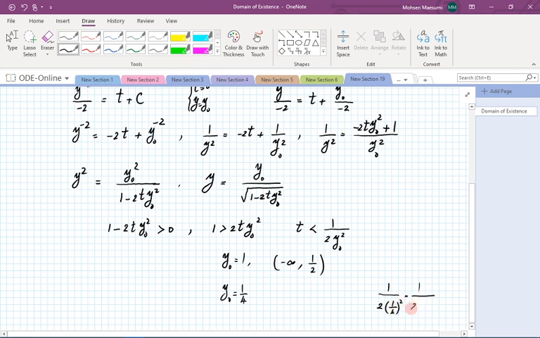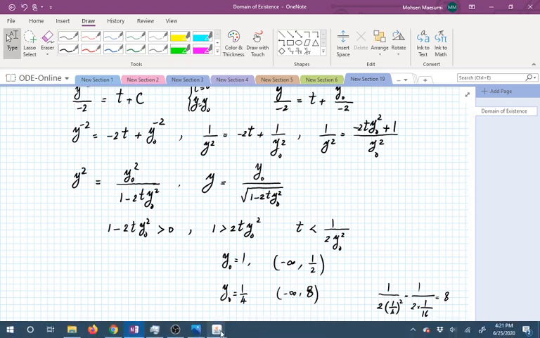So 2 stays and the quarter is squared, and then this becomes 1/8, which reciprocal of that is going to be 8. So what we are expecting is that our interval of existence, if I start low, I end up going much further out. Let's see if that holds water.